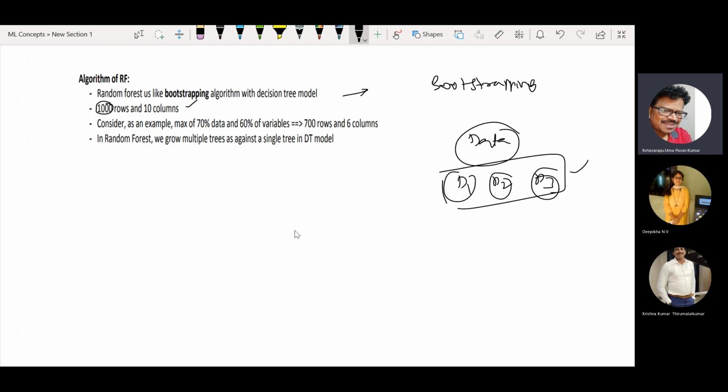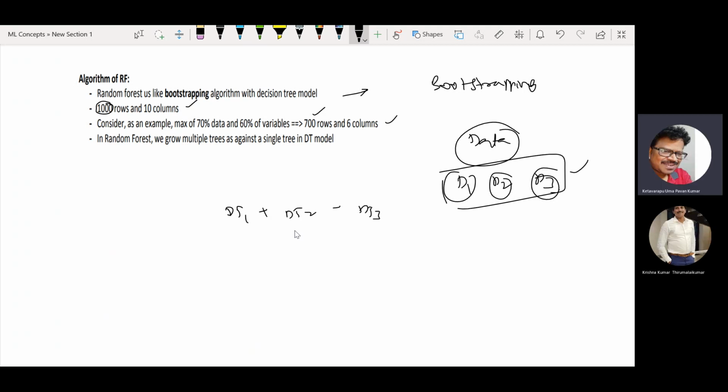And if you are referencing 70 percent of the data and 60 percent of the variables, that means out of 1,000, I'm taking 700 rows, and 60 percent means six columns. Likewise, I take decision tree one, decision tree two, decision tree three, and all of these are integrated to form the random forest.